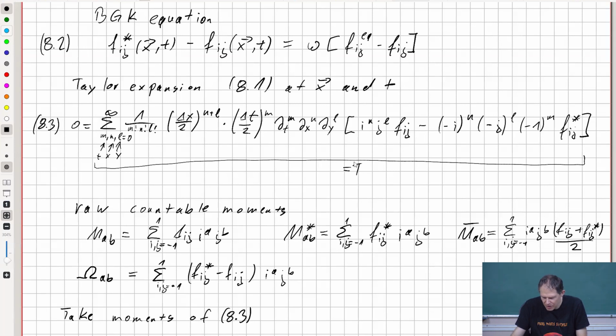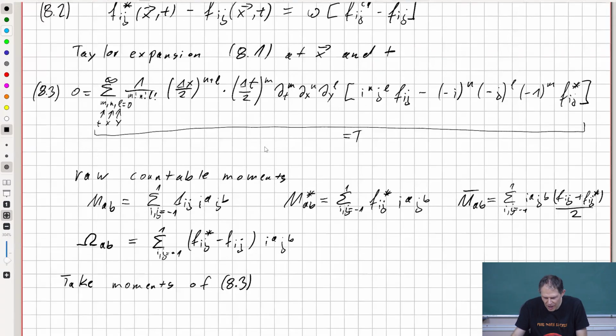So this equation where we defined everything inside here just as t, which means we have 0 is equal to minus the sum over i and j from minus 1 to 1 of t times i to the power of a and j to the power of b. So we take the moments of the entire equation.